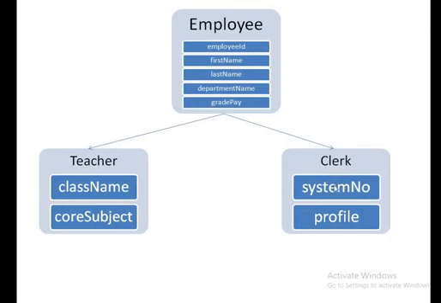For clerical staff, the system that is assigned to the clerk and the profile on which the clerk is working. These are specific properties for clerk and these are specific properties for teacher. But these 5 properties are common for both clerk and teacher.